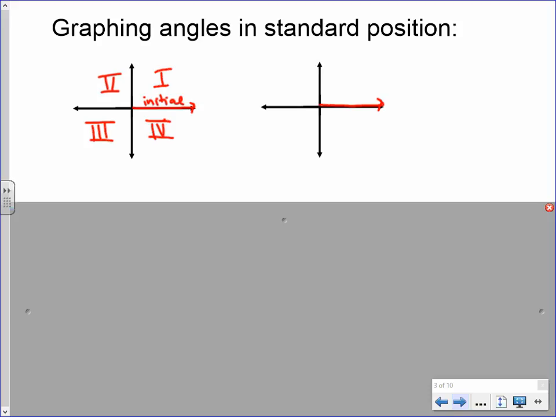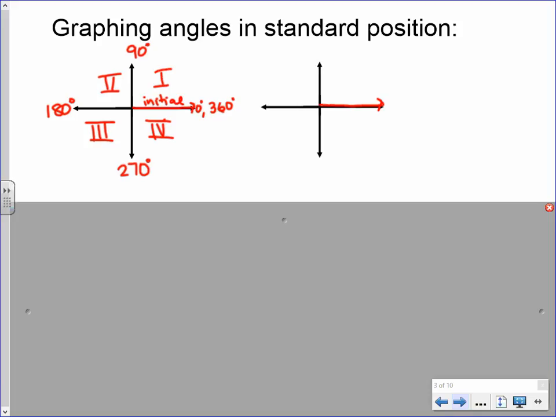So if we're talking about angles, what angle would we rotate to here? 90. And then if we go all the way to here, we're at 180. Rotate 90 degrees more, we're at 270, and here we would rotate back to 360. We would also start at 0. So 0 and 360 are the same measurement.